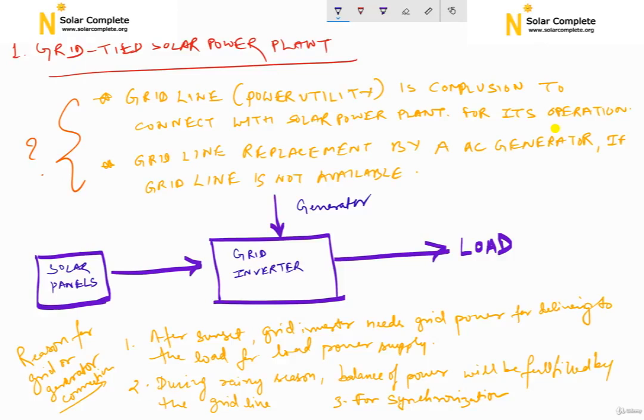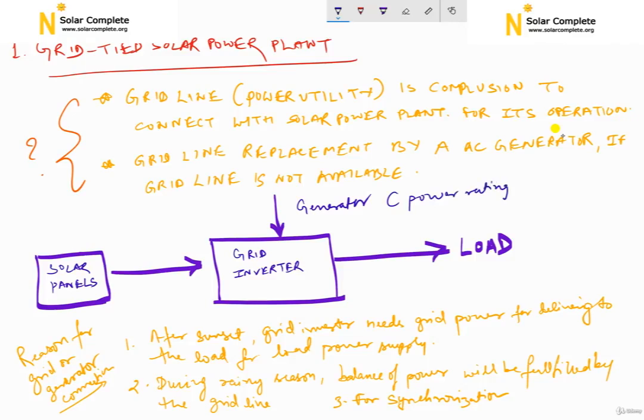So in this category we will have a power utility line also. In this scenario where load shedding is there, if you are installing a grid tied power plant, then you have to connect both lines, the power utility line and the generator also.